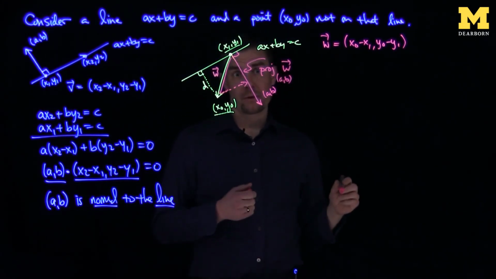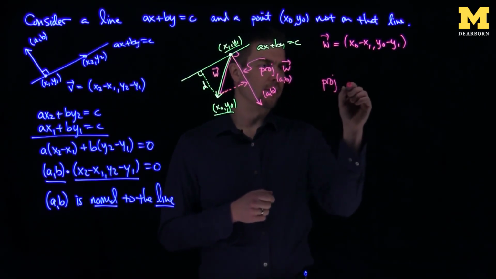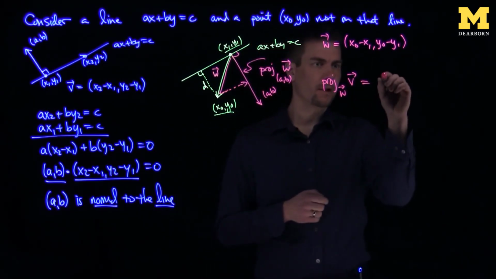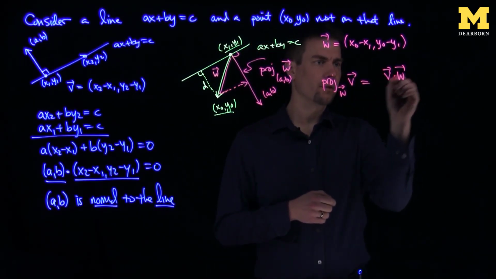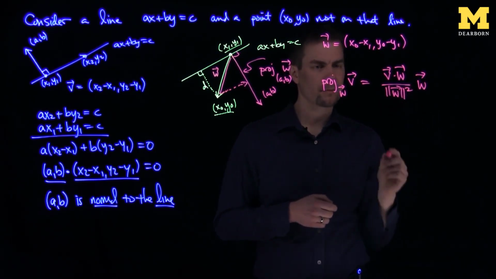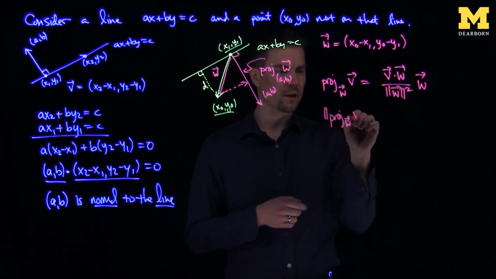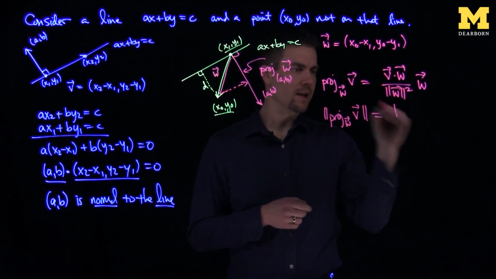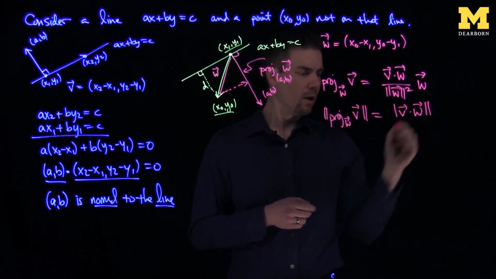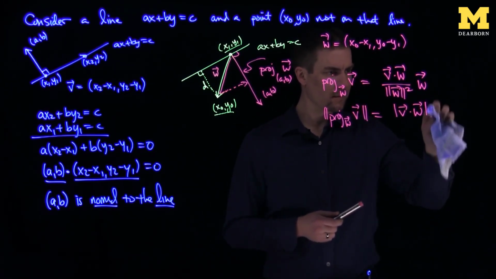Now, we know what the formula for the projection of a vector onto another vector is. We know the projection of a vector v onto a vector w has the form v dot w over the length of w squared, times w, and the magnitude of the projection of v onto w is the absolute value of v dot w, all divided by the length of w.